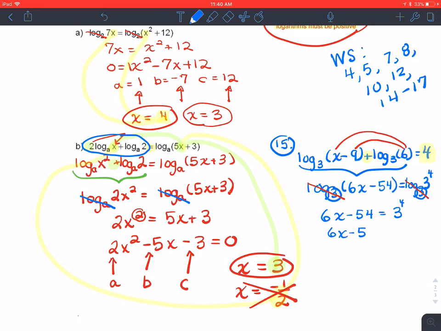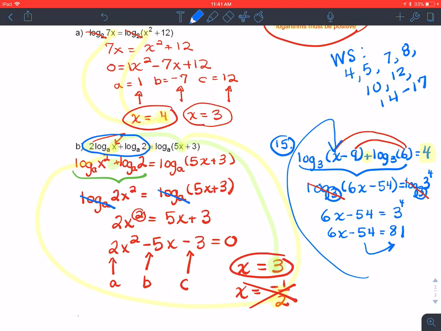Okay, to finish this problem off, you should reduce 3 to the 4th power so that that's 81, and this is a great example of a problem that is actually not a quadratic. You would not be running the quad program. Instead, you would finish solving this by simply moving the 54 over to the right side, dividing both sides by 6, and in the end, whatever answer you get, you would want to plug that all the way back into the original for any of the x's in the logarithms' arguments to confirm that that would not cause the overall argument to be 0 or negative.